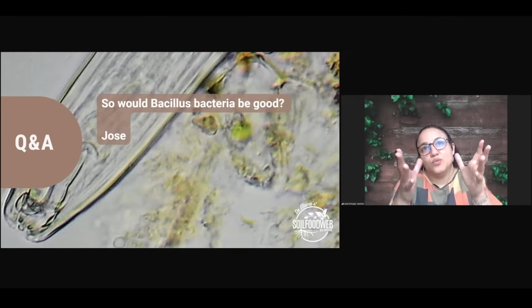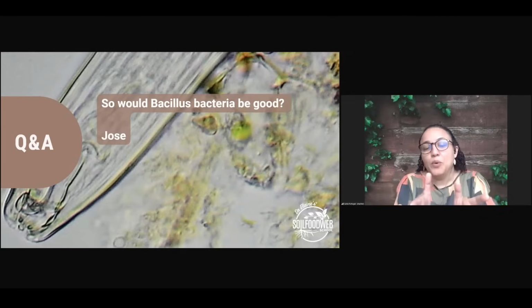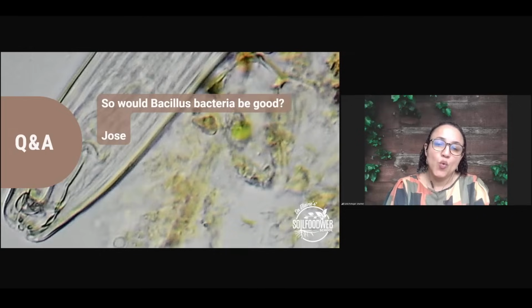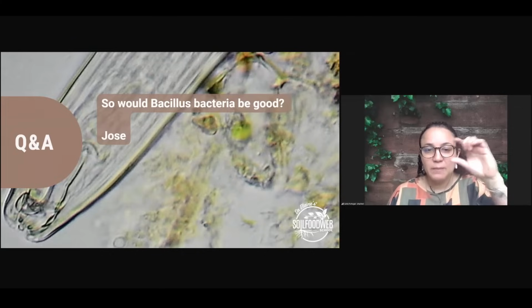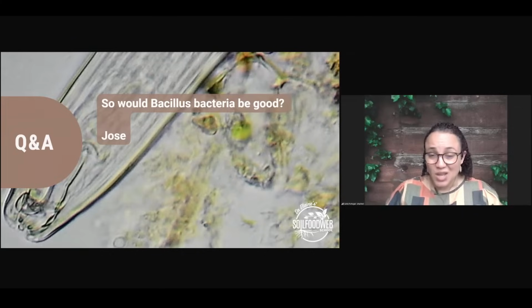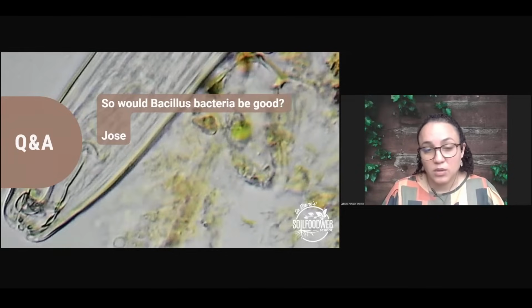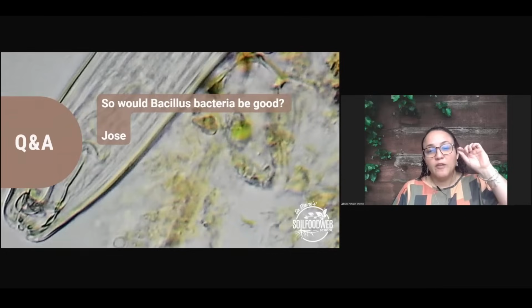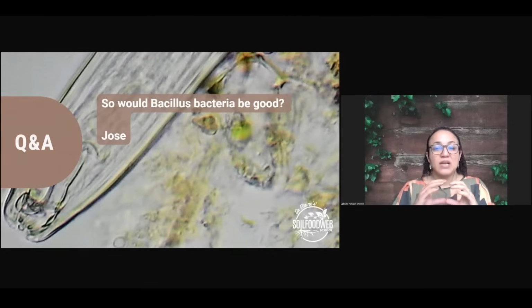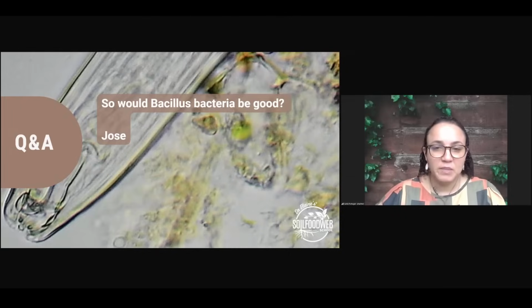So again, we have to go back. This is the point where it's beneficial to try to dig into the species level. When you talk about Bacillus with the big B, we are talking about a genus, which has tons of different species in it. So which one are you talking about? If you have bacillus with a small b, we are talking about the morphology of a group of bacteria.